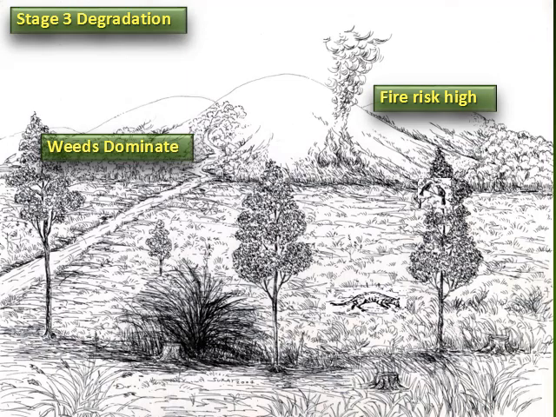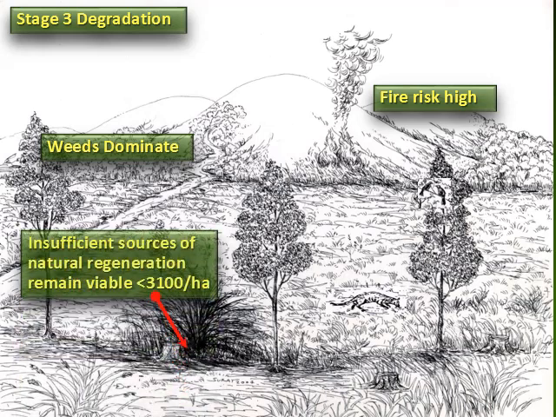So moving on to stage 3 degradation, here the weeds are still dominant. Fire risk has gone up because there's more grasses and ground vegetation in the landscape. The critical point we have reached here now is that the number of sources of natural regeneration has dropped below that critical threshold of 3,100 trees per hectare.